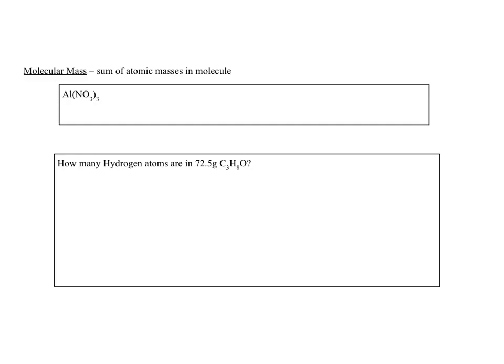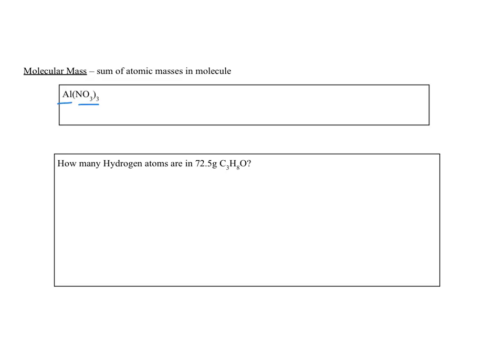Okay, in our previous question, we used the molar mass of lead, and that was just one thing that we found on our periodic table, but we also have to be able to use molar masses for compounds or molecules that have multiple atoms as part of them. If that's the case, all you have to do is add everything that's there. So if we look at this formula of aluminum nitrate, the first thing I want to do is think about how many of each one of those things I have.